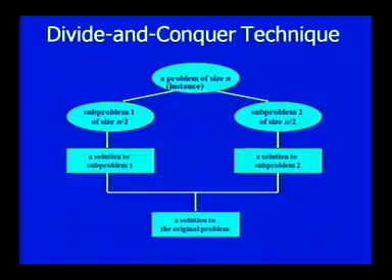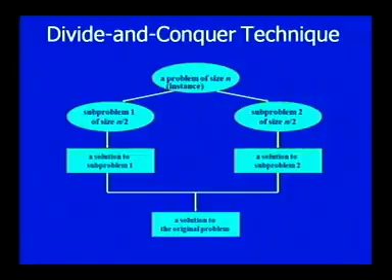The first step is called the division process or partitioning process, where you partition your problem of size n instances into 2 sub problems, each of size n by 2. Then you find the solution for each sub problem and combine them to give the solution of your original problem.